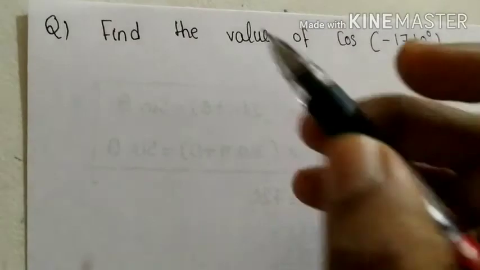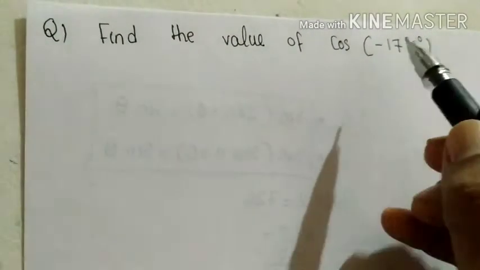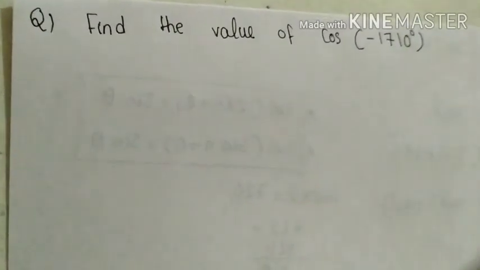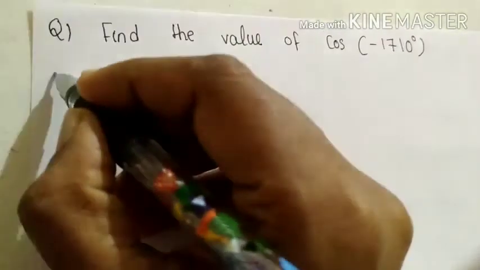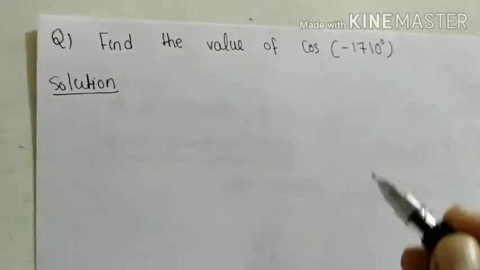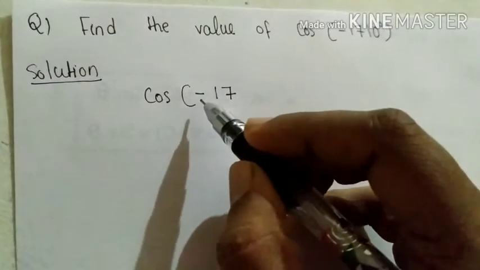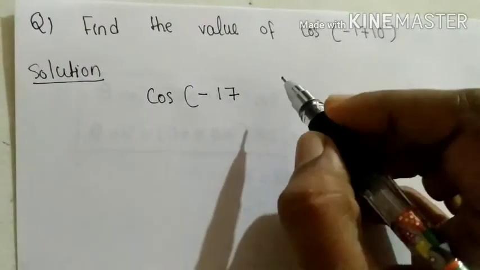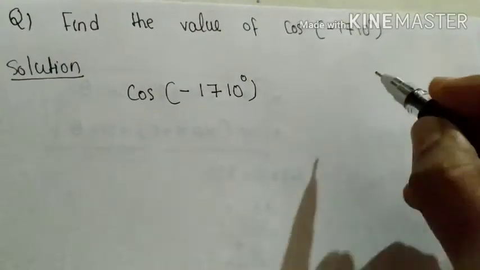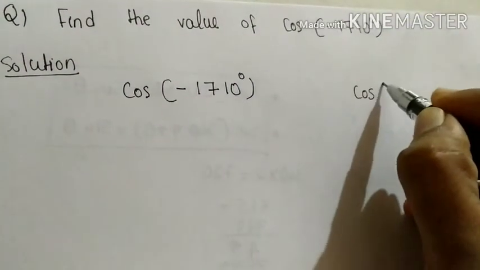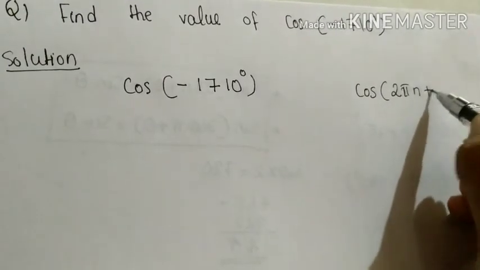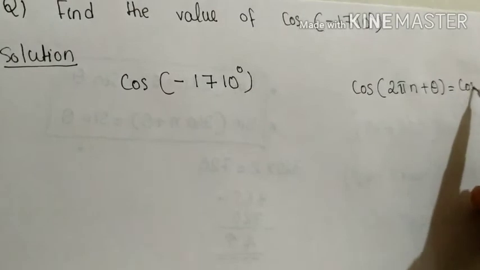In this question we need to find the value of cos of minus 1710 degree. So let's start the solution of this question. Given cos of minus 1710 degree. So we know that cos of 2 pi n plus theta is equivalent to cos theta.